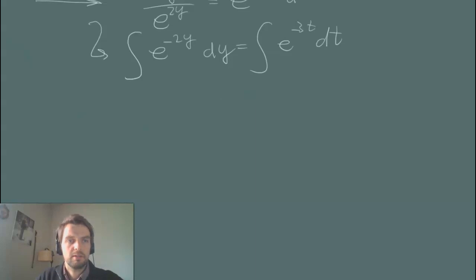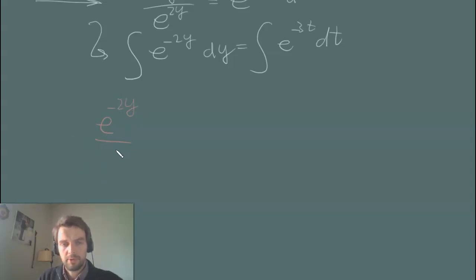All right, so let's maybe get a different color here. Now, on the left side, taking an integral of e to the negative 2y, since it's exponential, that's going to be e to the negative 2y again.